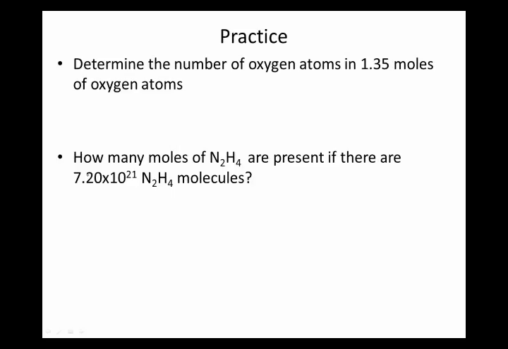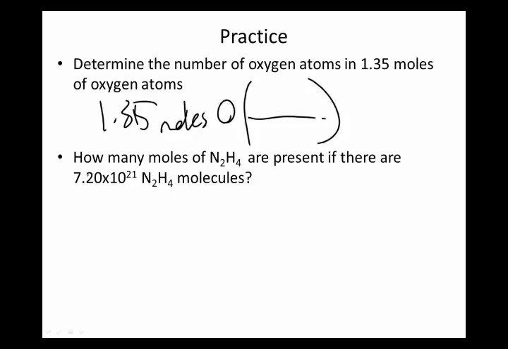So I've got 1.35 moles of oxygen atoms. I want to figure out how many oxygen atoms there are. So I'm going to put moles of oxygen on the bottom. On the top, I'm going to put oxygen atoms. 1 mole is 6.022 times 10 to the 23rd. Moles cancel moles.